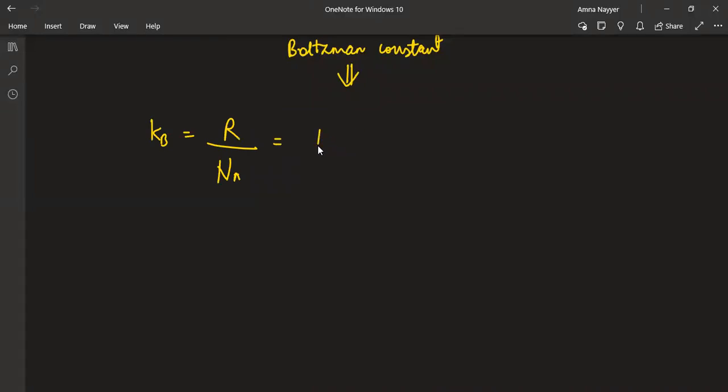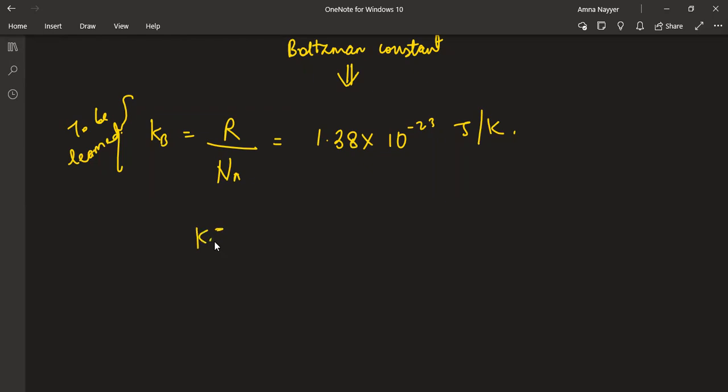This comes out to be around 1.38 × 10^-23 joules per Kelvin. Do mark it as important and to be learned. This value you have to remember.